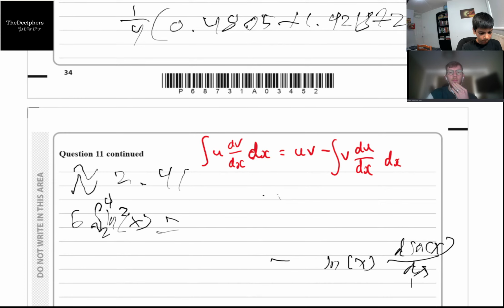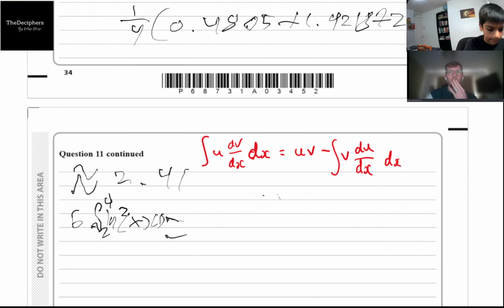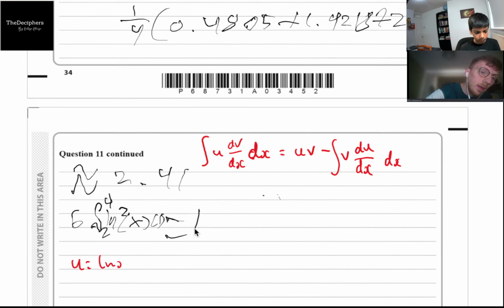Rewrite that part. Okay, so I'm just going to write down u equals ln x all squared, dv dx equals 1.